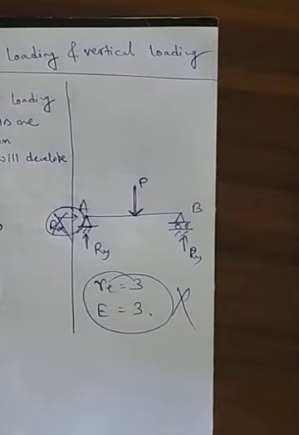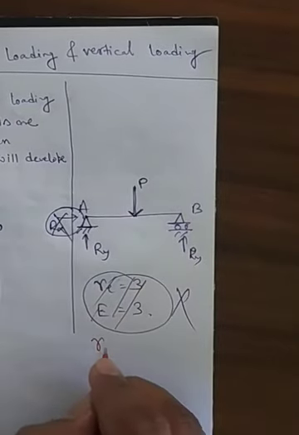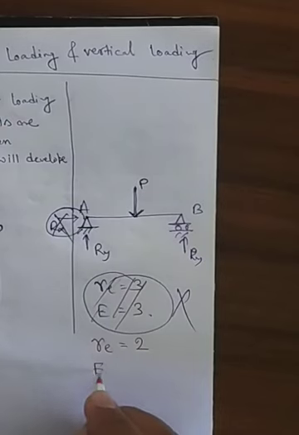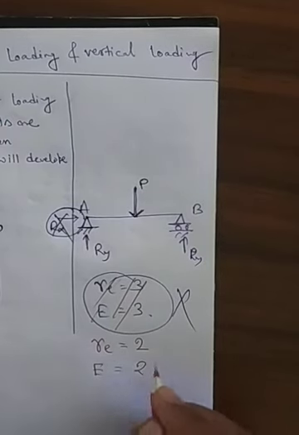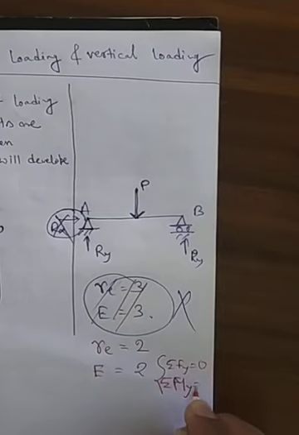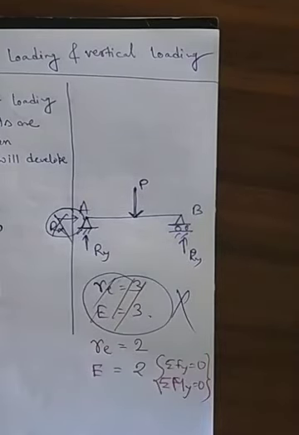So in this case our Re will be 2 and our equilibrium equation will also be 2, as this is only summation of Fy equal to 0 and summation of M equal to 0, as there is no horizontal force, right?